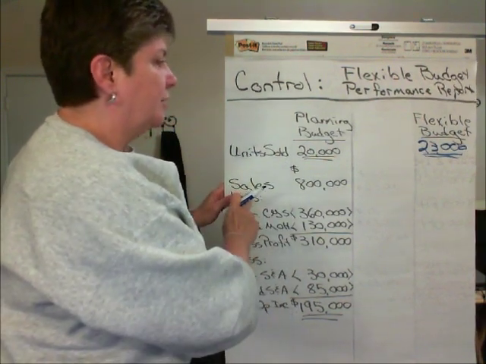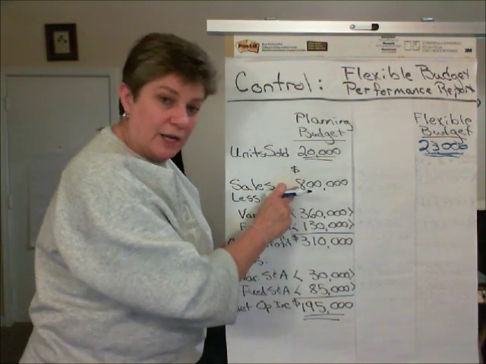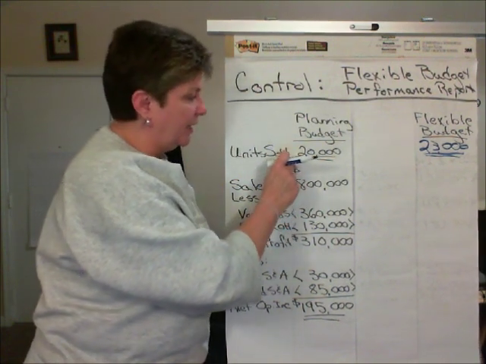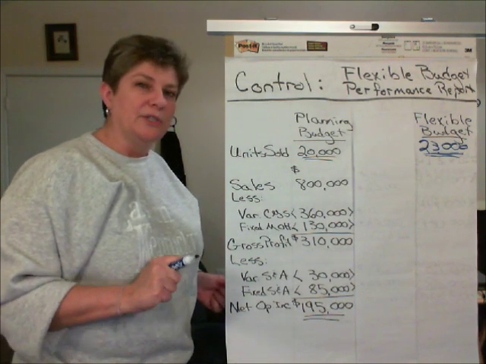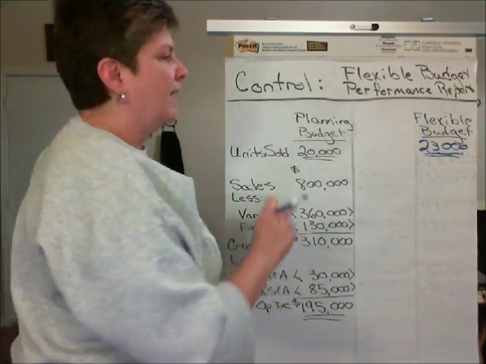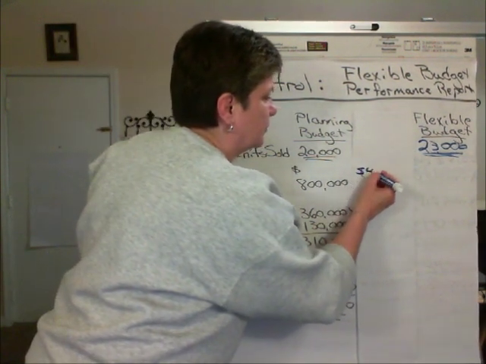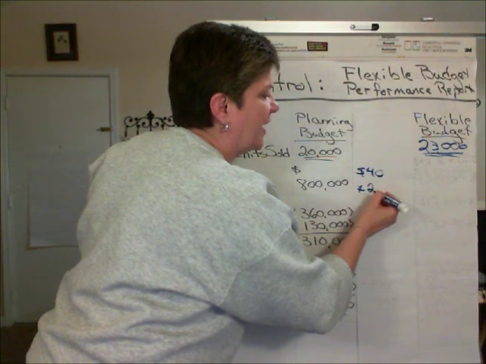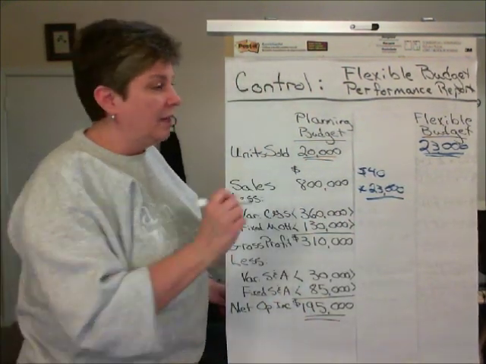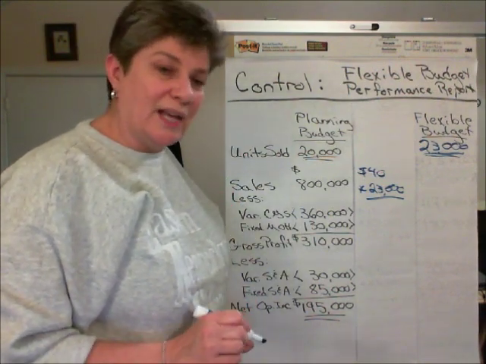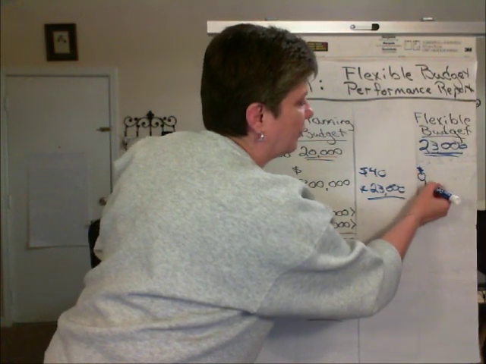Now, sales, the sales price, we can figure out if 800,000 was our budgeted sales and we expected to sell 20,000, then our budgeted sales price was $40 per unit. And $40 per unit times 23,000 actual units produced and sold, our flex budget sales should be $920,000.